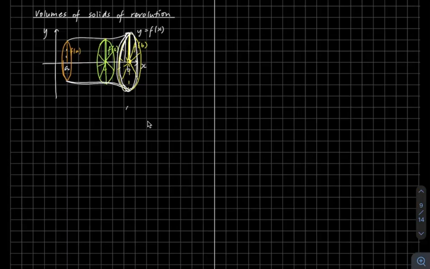Let me draw it down here again. I've got this disc like that, and maybe we could draw a dashed line in there so we can visualize it. Think of a coin or something that has a very small height. We're going to break the whole thing up into discs, so I could do another one down here, a disc there.